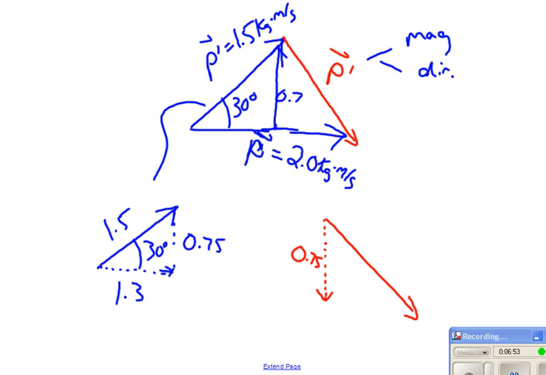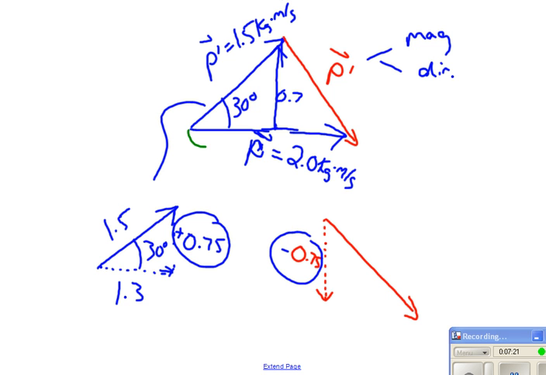It was all to the right. So our positive 0.75 here combined with our negative 0.75 here means that momentum in the y-coordinate is conserved, and it's 0.